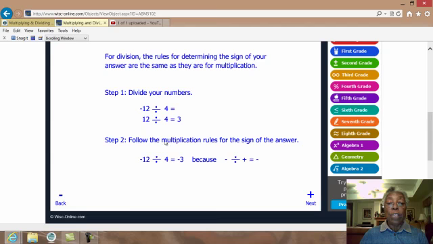Step 2. Follow the multiplication rules for the sign of the answer. So a negative 12 divided by a positive 4 equals a negative 3 because a negative divided by a positive equals a negative. Unlike signs are negative.